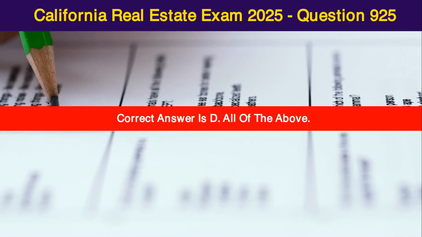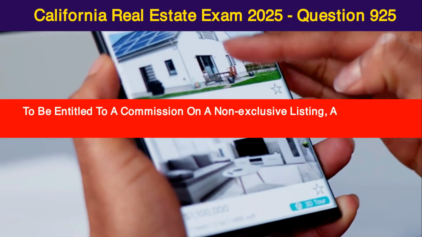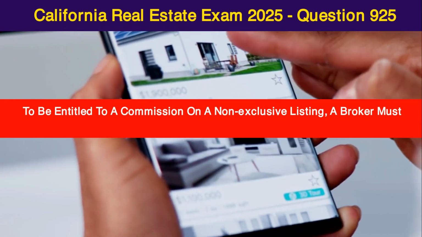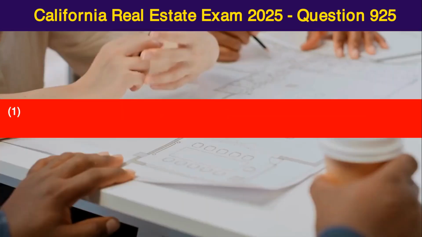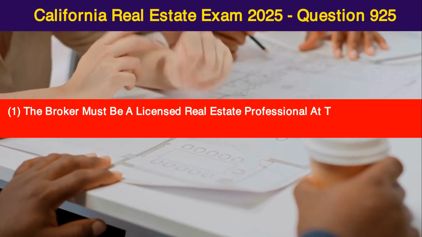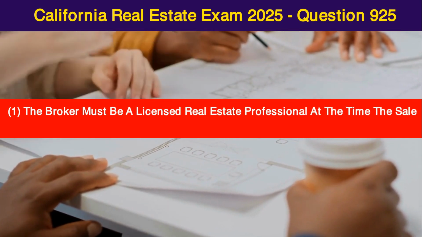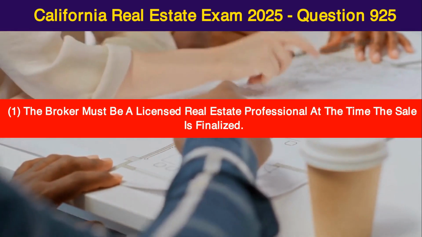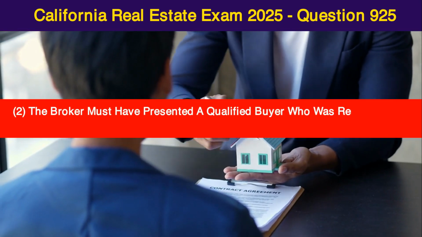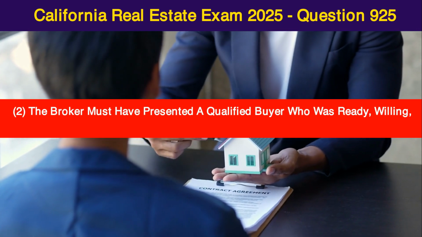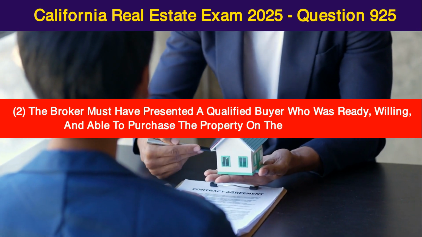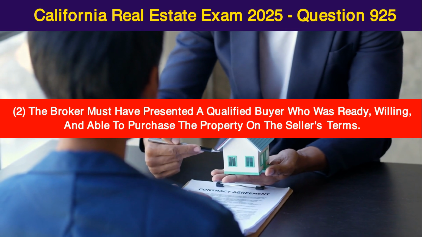All of the above. To be entitled to a commission on a non-exclusive listing, a broker must demonstrate the following. 1. The broker must be a licensed real estate professional at the time the sale is finalized. 2. The broker must have presented a qualified buyer who was ready, willing, and able to purchase the property on the seller's terms. 3.